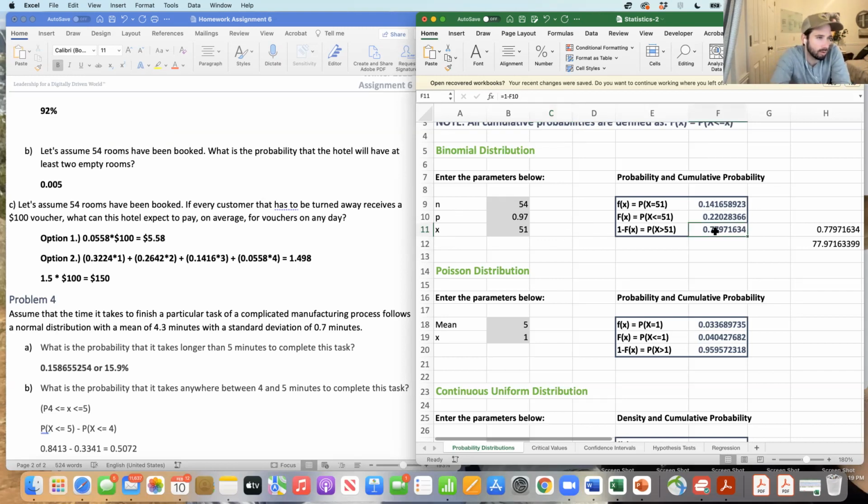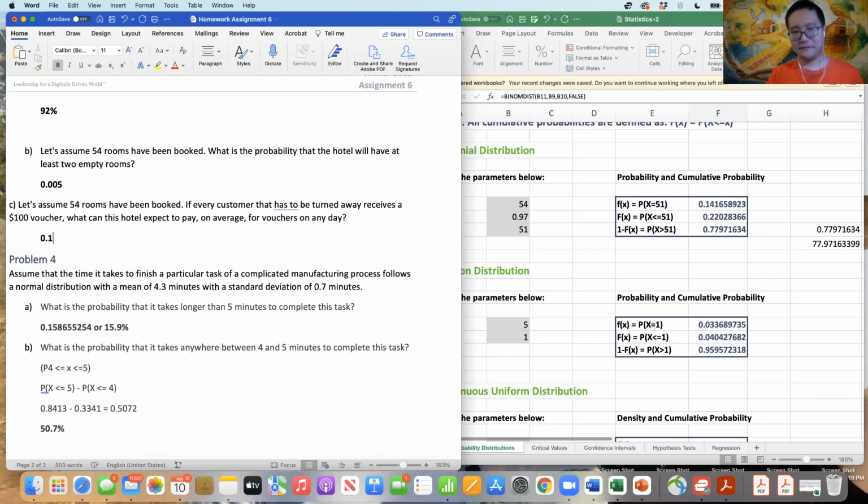Would it be this value, X less than or equal to? It's not that either. Is it just X equals 51? Yes, you got that right. I was like, well, there's 3 options. Okay.